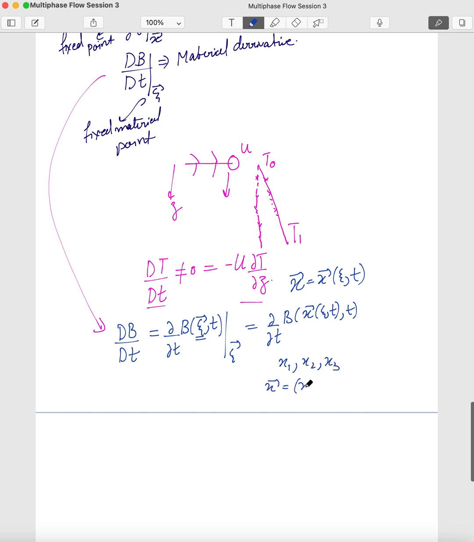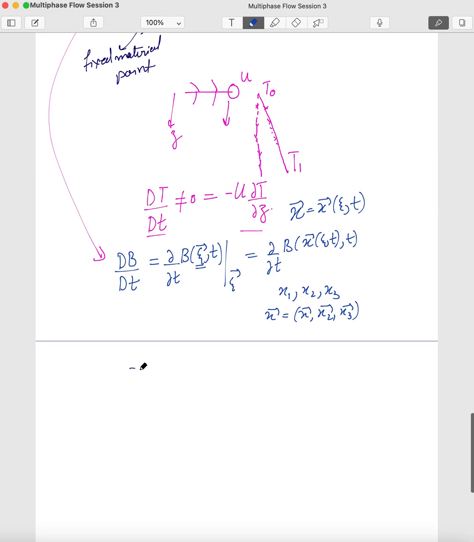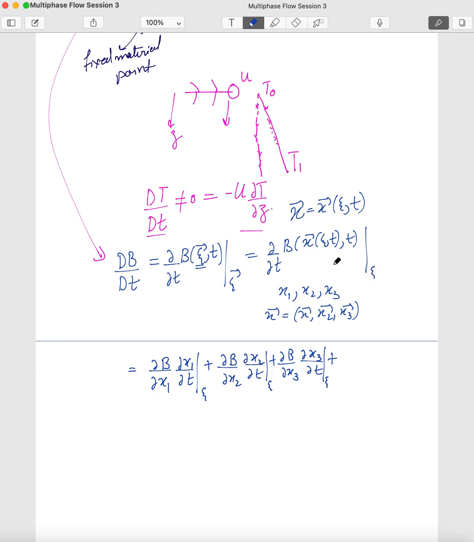So x is x1, x2, x3, and by applying the chain rule we can get del B by del x1 times del x1 by del t, plus del B by del x2 times del x2 by del t, plus del B by del x3 times del x3 by del t, plus the partial derivative at fixed zeta, right, at fixed material point.